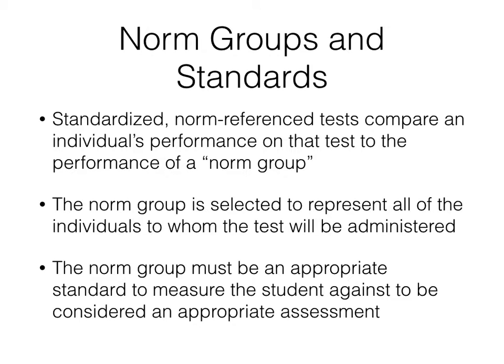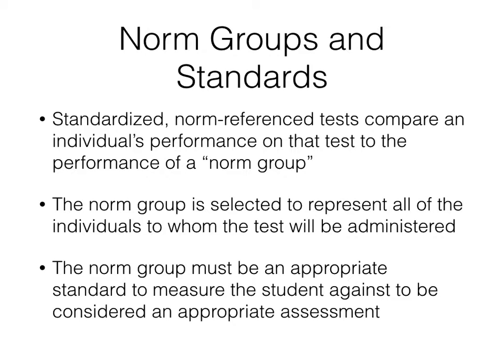So oftentimes, national test manufacturers will develop their normative sample based off of the demographics of cultural and socioeconomic and racial and ethnic background, individuals with disabilities and things like that, based off of census data. That's really considered the gold standard for a model of a representative normative group.